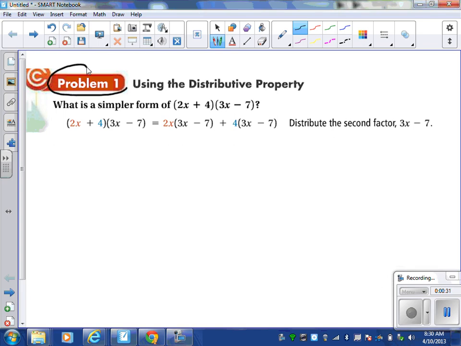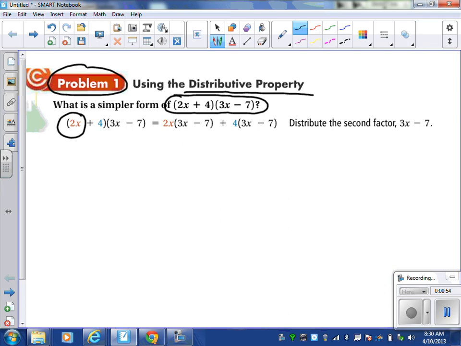Let's take a look at problem 1, using the distributive property. This problem right here, 2x plus 4 and 3x minus 7. We need to distribute those numbers so we can multiply. How do we do that?